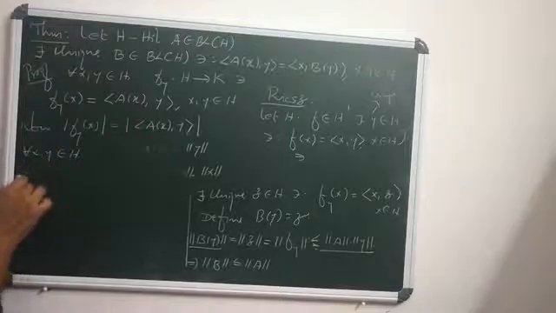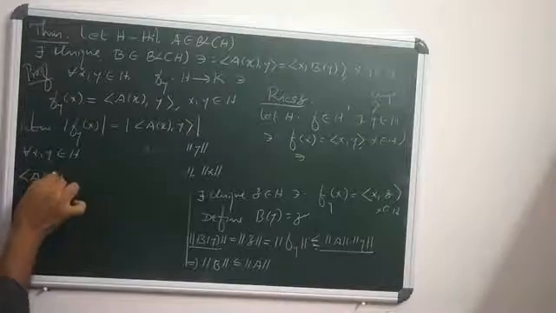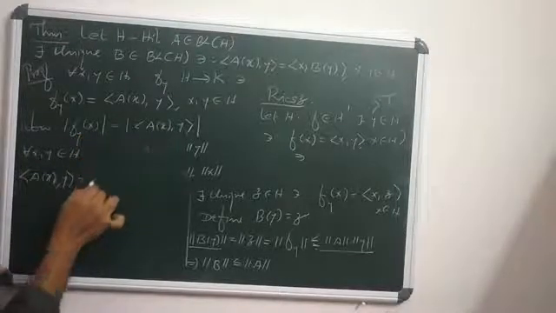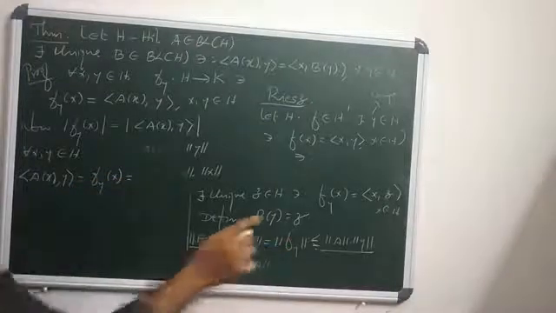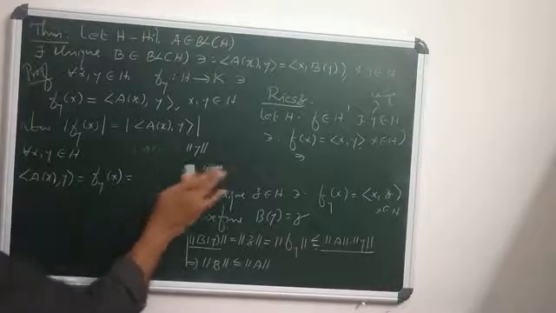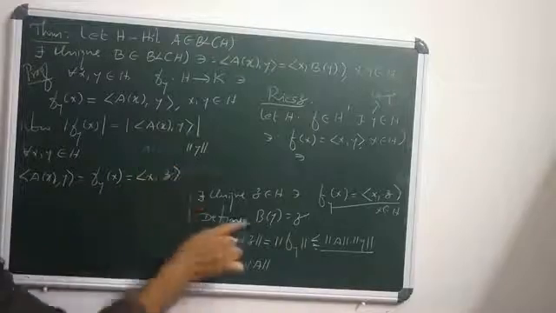modulus of inner product AXY. What is inner product AXY? That is Fy of x. But what is Fy of x? Fy of x is inner product XH, and what is H?